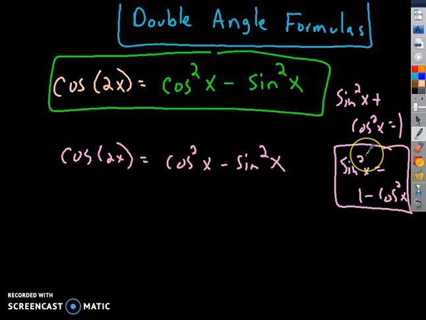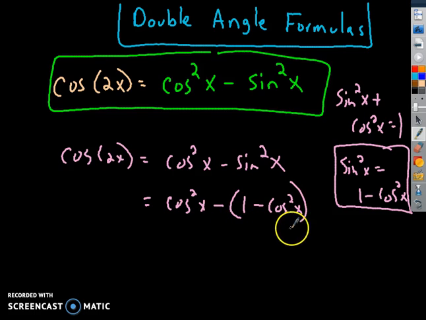This is one of our identities. Technically, where the sine squared is, I can replace it with what I know it's equal to: 1 subtract cosine squared. So I take cosine squared x, subtract the substitution of sine squared, 1 subtract cosine squared, and you come up with an equation I can simplify.